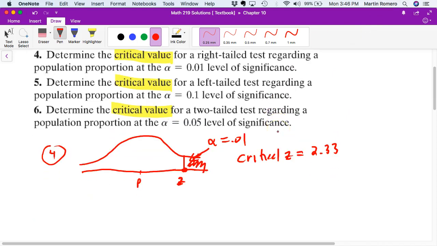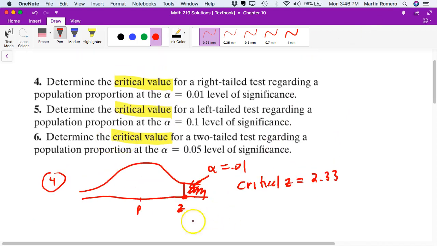Now, if we run a left tail test, number 5, we're going to look for the z right here, where this is alpha equals 0.01. Oh, sorry, not 0.01, but 0.1. That's a 10 there. So the alpha in this case is 0.10.